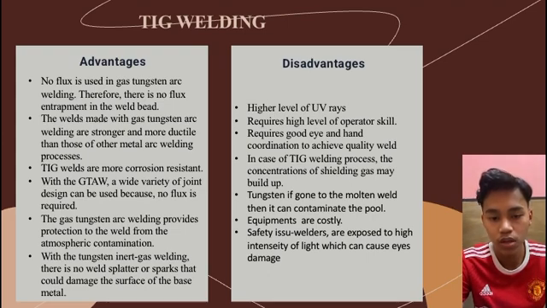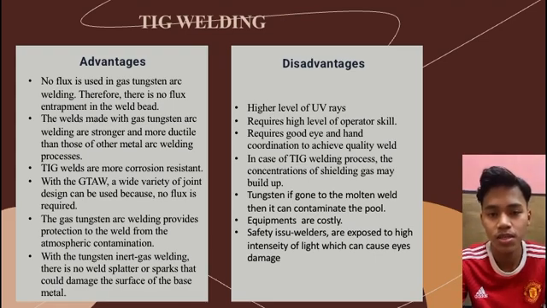Number 7, gas tungsten arc welding is suitable for welding of food or munition containers where the deposit of any decaying organic matter could be extremely harmful. So these are the advantages of GTAW.